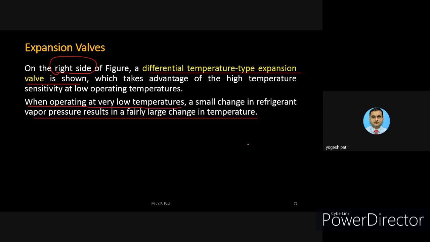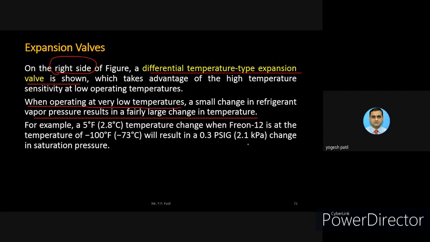For example, a 2.8 degrees Celsius temperature change, a small low temperature change, we can say, when Freon 12 is at a temperature of minus 73 degrees Celsius.